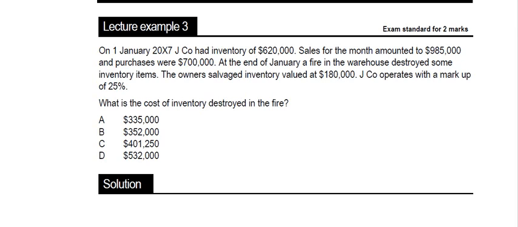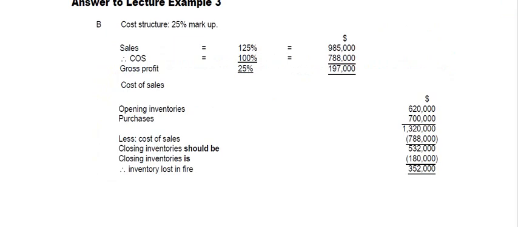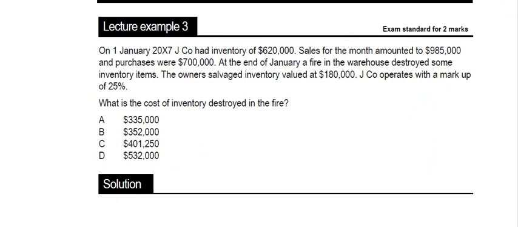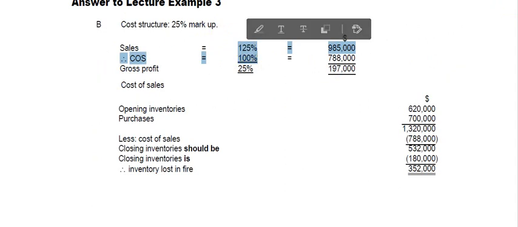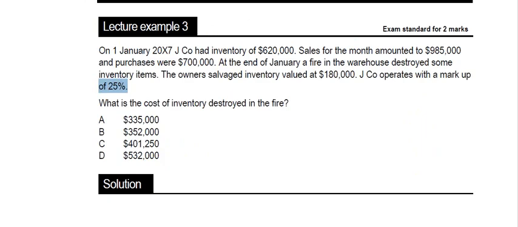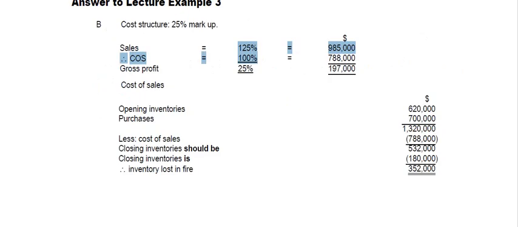So we can compute the cost of sales using the markup. The markup is 25%, so we know our sales will become 125%. The sales were given as 985, so 985 is equal to 125%.